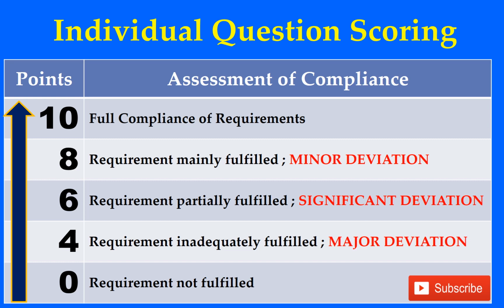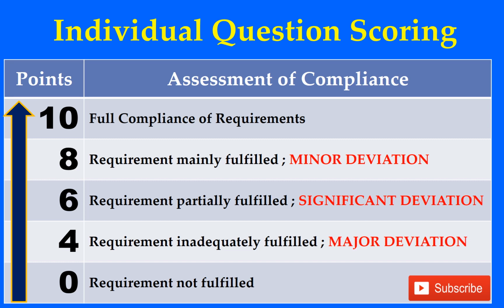For example, if the process meets all the requirements, you will allot a score of 10 for that question. If there is a small deviation which does not affect the compliance to the customer specific requirement, you will allot a score of 8. If the process does not always meet the requirement and has an impact to the customer specific requirement, you allot a score of 6.